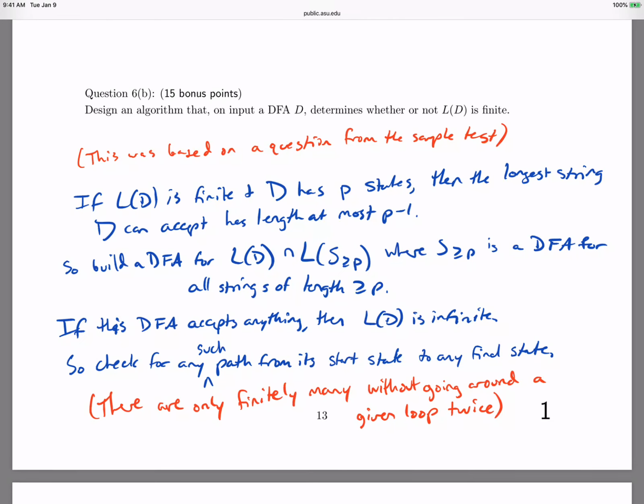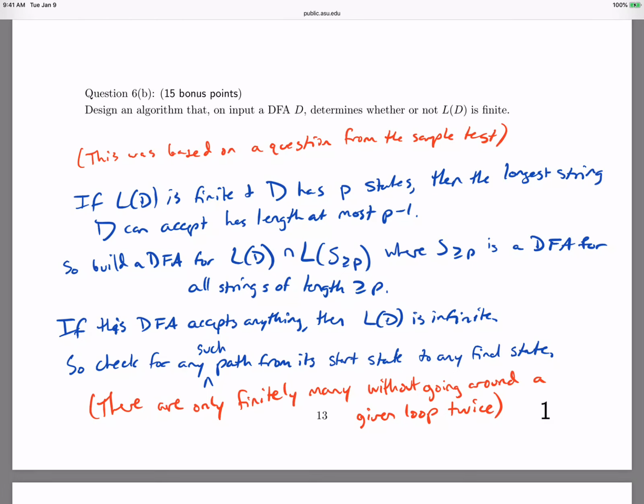So if the language of the DFA is finite, then the longest possible string that you could accept is of length p minus 1. Because if you accept a string of length at least p, then there was a loop somewhere, but I can go around that loop as many times as I want.